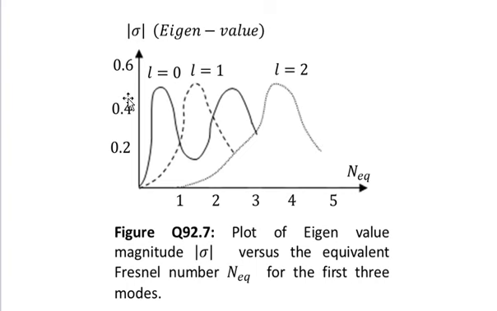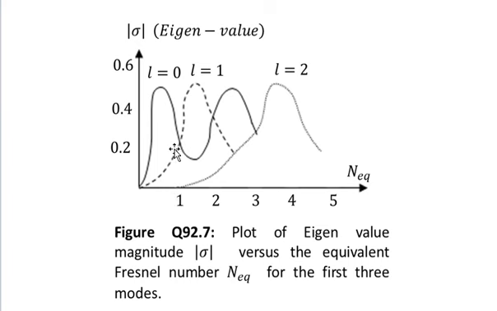So in this way you can choose the mode of your requirement. If you choose N equivalent from 0 to 0.5, you will notice that the mode L is equal to 0 will keep on increasing, meaning that it will keep on focusing, or propagating along the resonator axis.